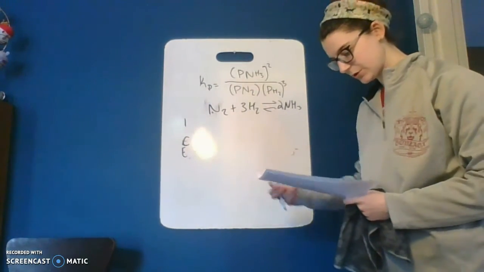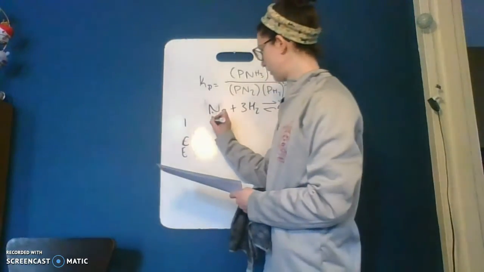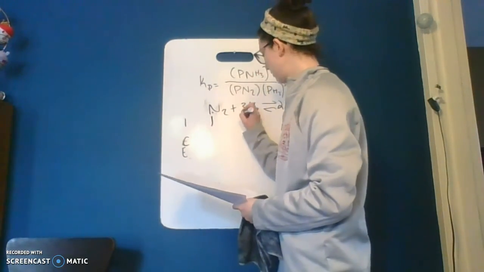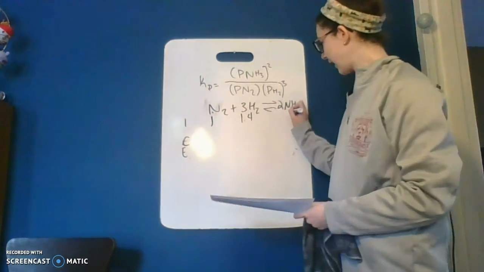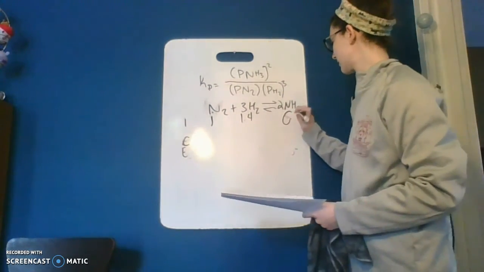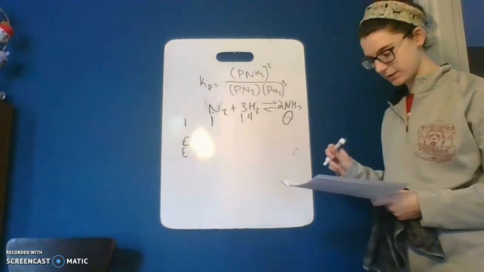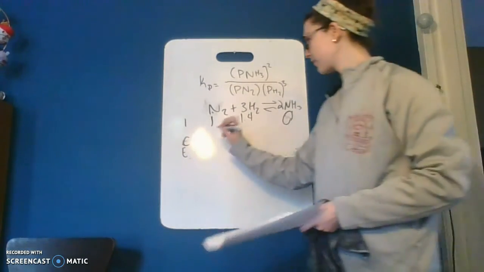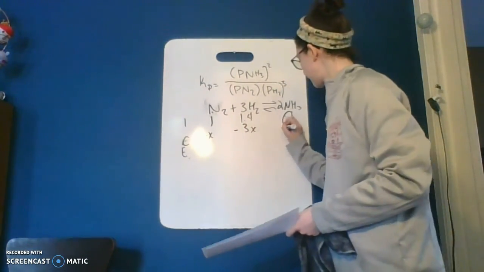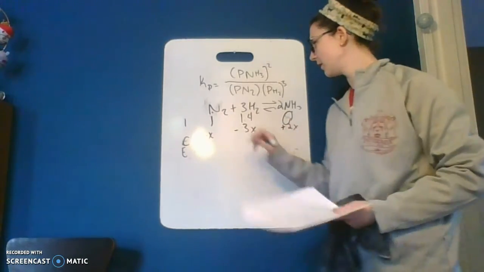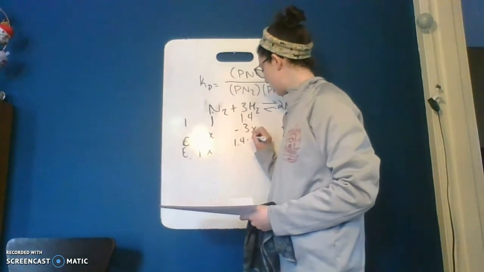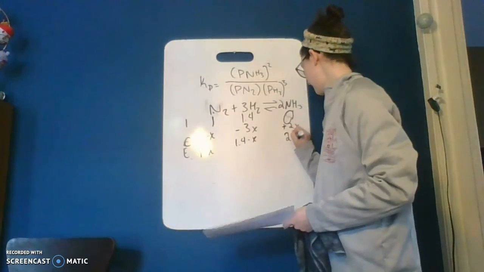For initial pressures, we're given 1 atmosphere, 1.4 atmospheres, and 0, because initially we have no products. For our change, we have minus x, minus 3x, and plus 2x. So here we have 1 minus x, 1.4 minus x, and 2x.